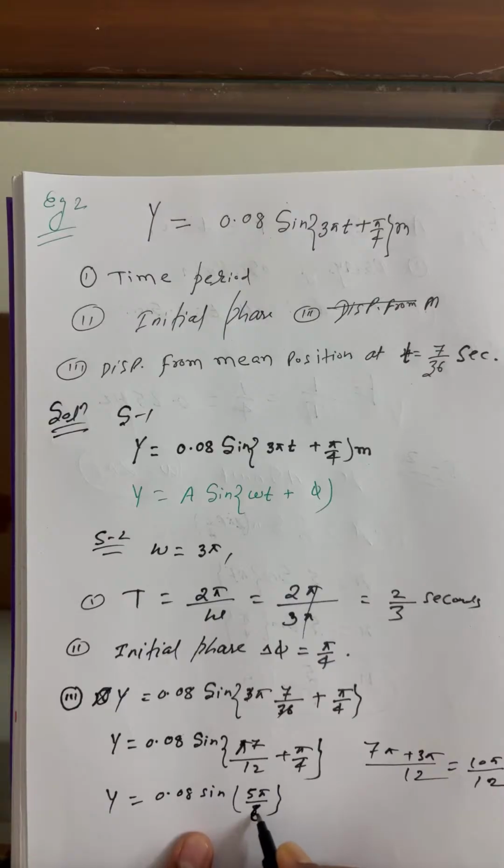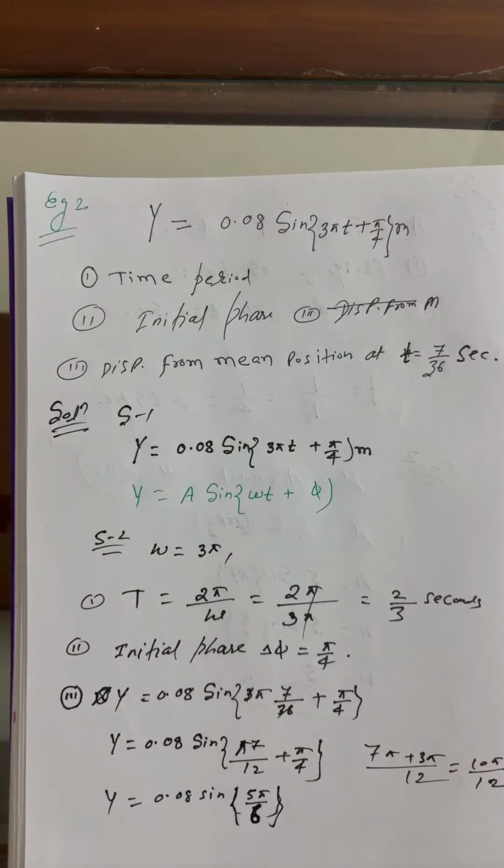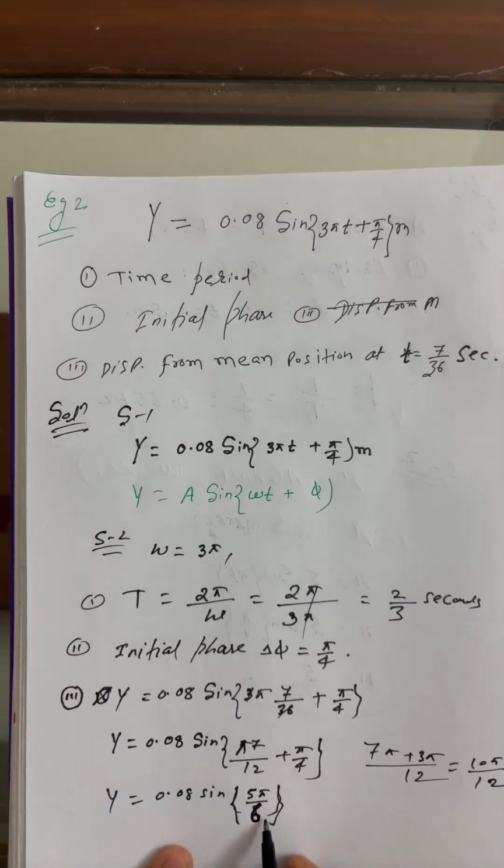So y equals 0.08 sine 5 pi by 6. Now 5 pi by 6 we can say is pi minus pi by 6. Further, you can continue.